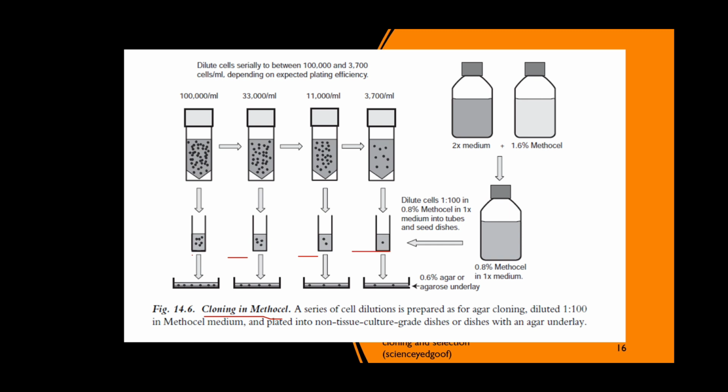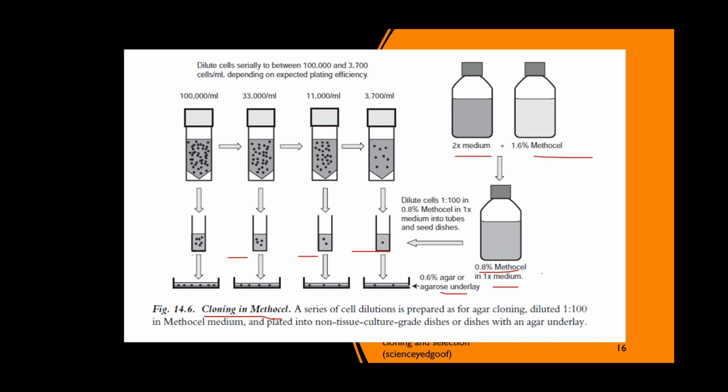Then you have the 2x medium plus 1.6% methoxyl added, and when you add this, you'll get around 0.8% methoxyl and 1x medium. So a 1:100 dilution is done using this 0.8% methoxyl, and then it is seeded. Here you're combining both methoxyl and agar.